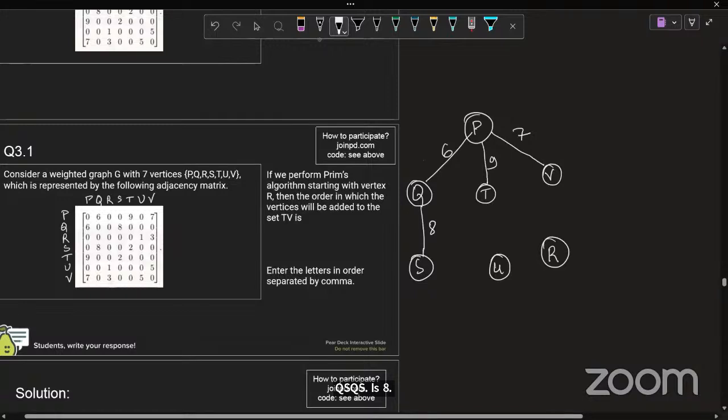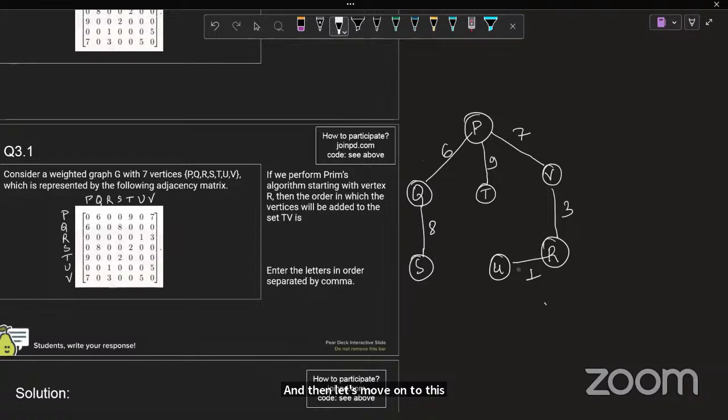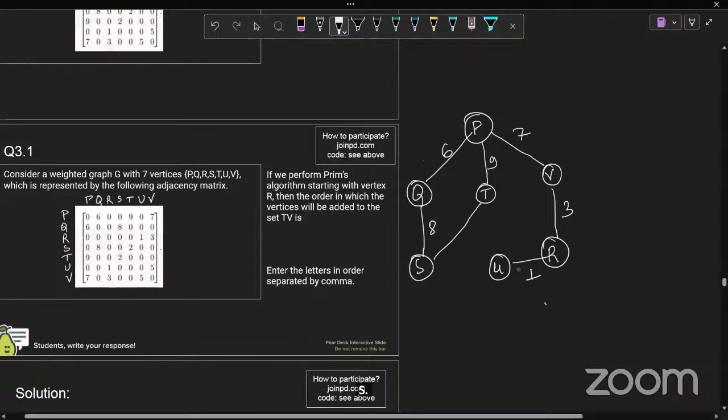For R, RU. RU is what? 1. RV is 3. And then let's move on to S. SQ is done, 8. ST is 2.